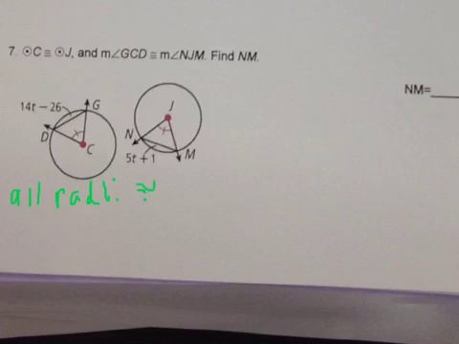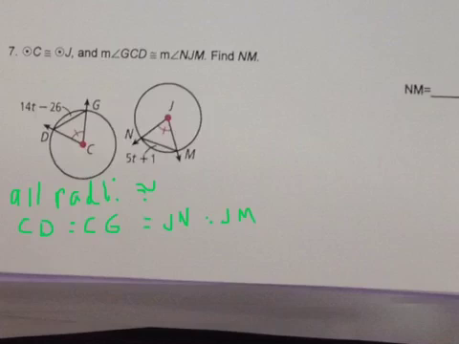So that means that if I want to write down some radii, CD equals CG equals JN equals JM. That's what I know from that statement right there, and I haven't even gone on, and I already know that I could put a mark on them.